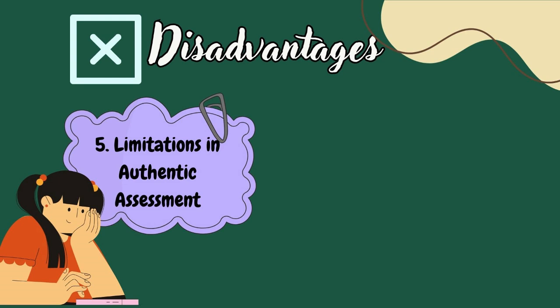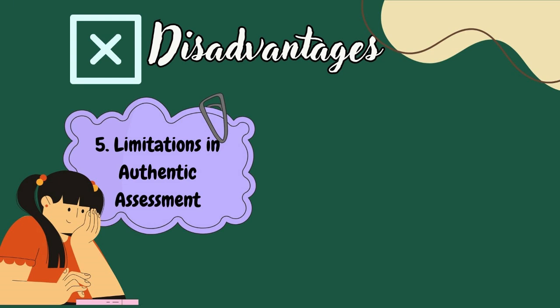Furthermore, the issue of scalability is a common limitation. Adapting authentic assessments to a digital format for large groups of students can be challenging. Ensuring that students receive personalized, meaningful feedback in the digital setting may be logistically difficult, especially when using automated assessment tools.